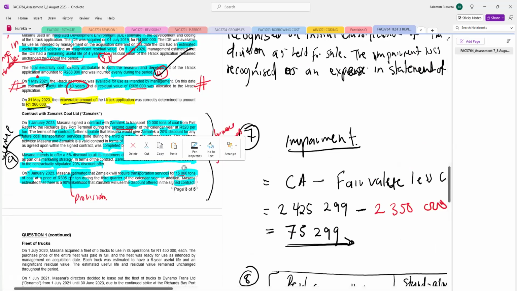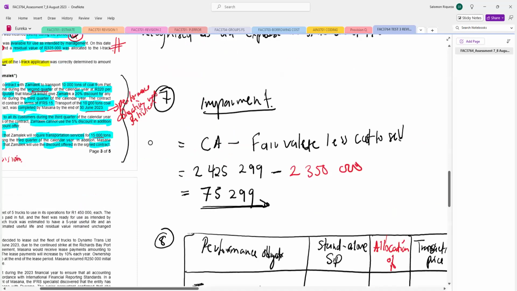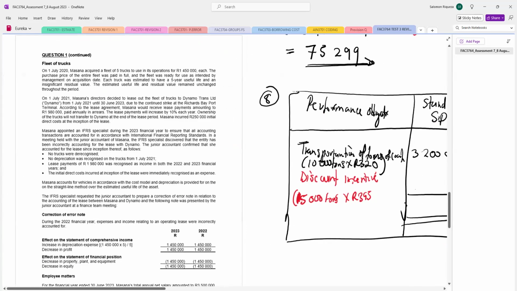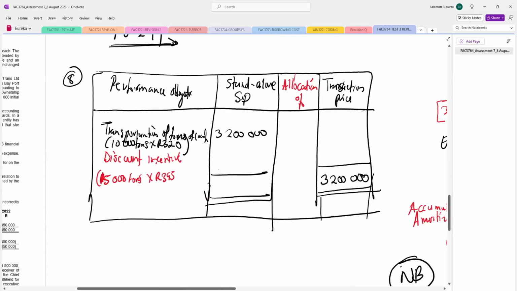So they said we're expecting them to buy 15,000 tons at 395. So in the future, we're expecting them to buy 15,000 tons at 395 each, per ton. All right. And then there is a 90% chance.